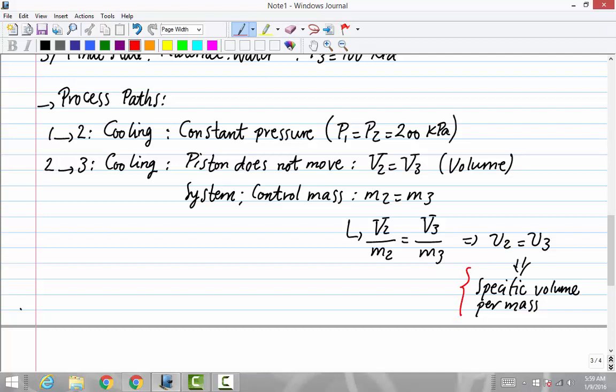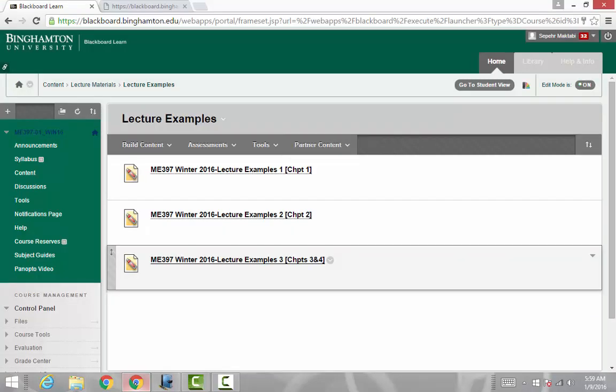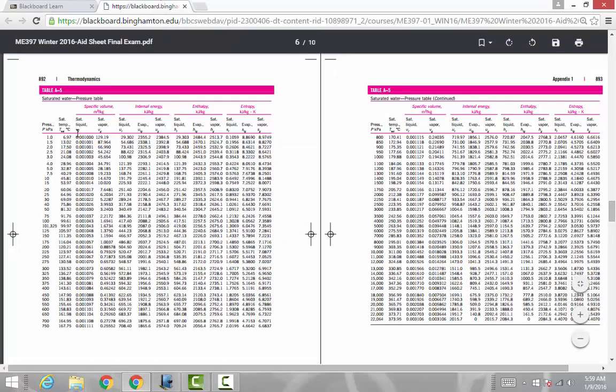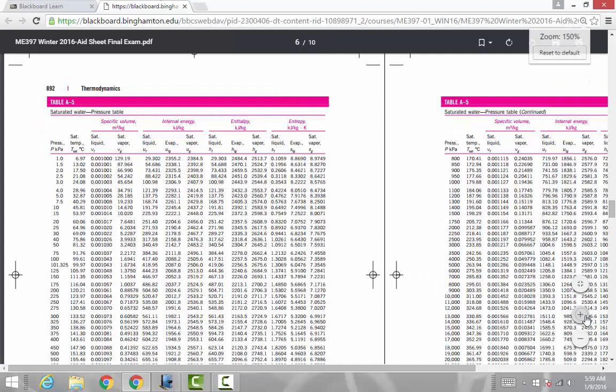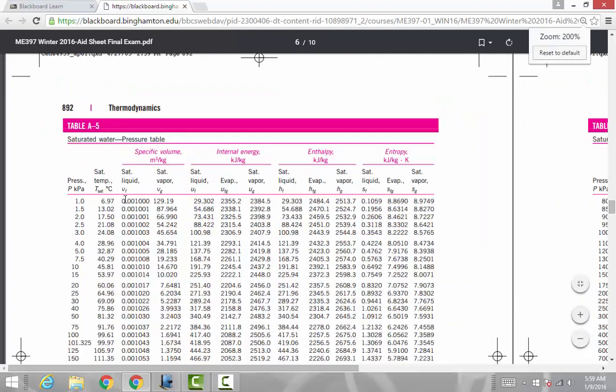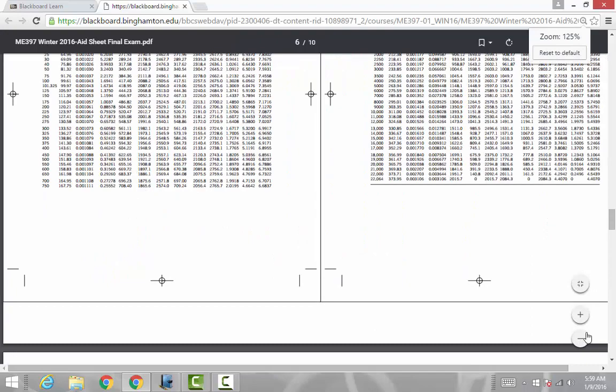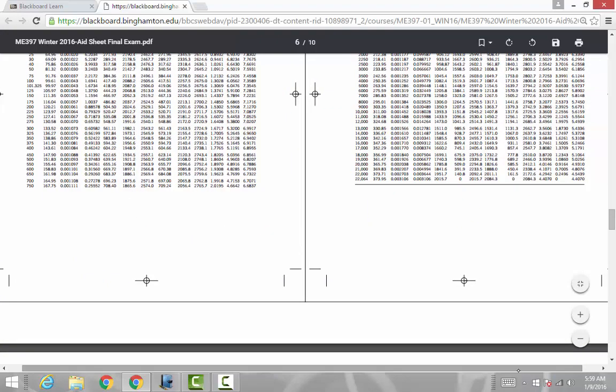Because if you go to these tables here, let me show you. Here it says saturated liquid, saturated vapor, and they're all little v's, specific volume. See, so all these tables are provided with specific volume, and this is what we should look for, right?